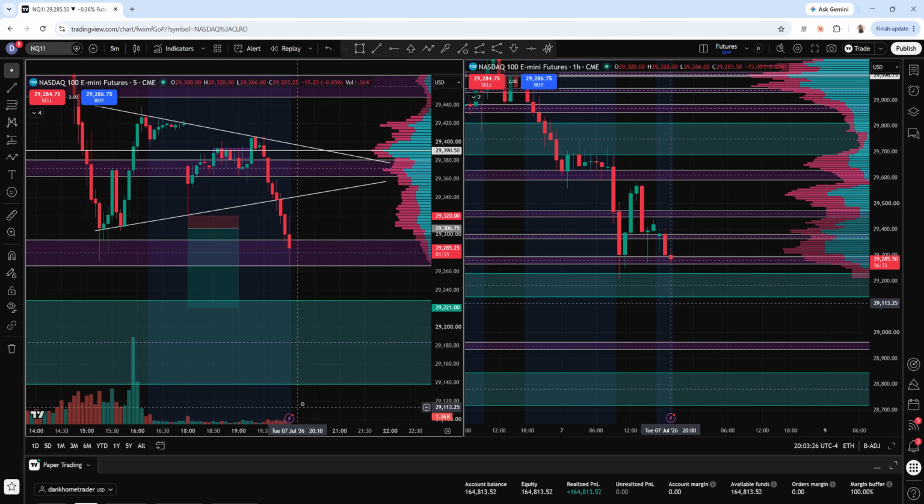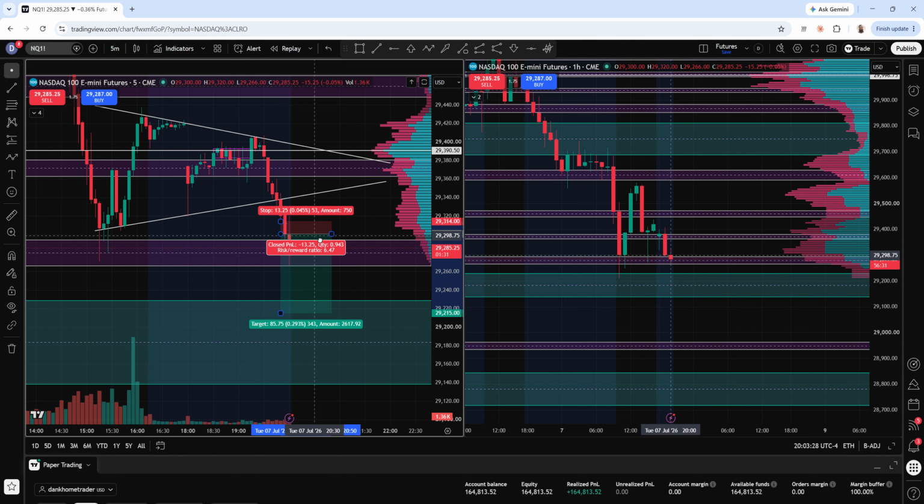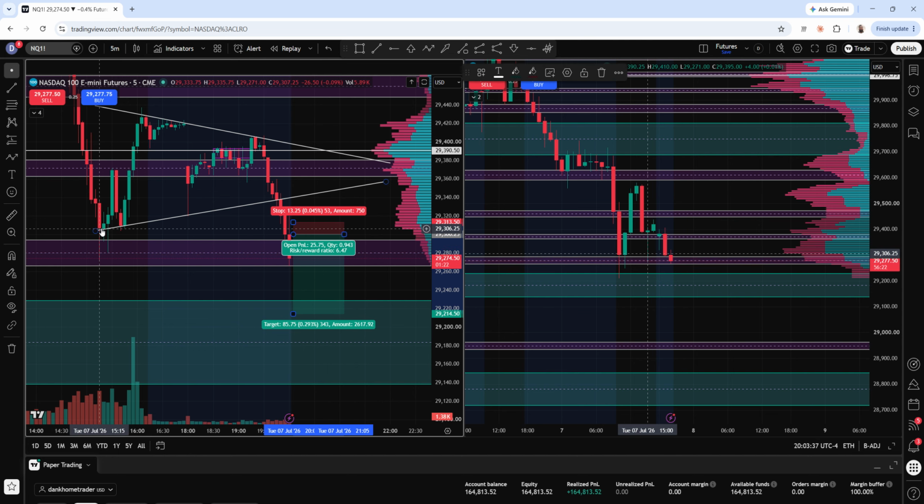I'll just use the long and the short. This little indicator is. So we're looking for the bodies here, the hold here as the next possible entry, because we got the wick of the open to reject it off of.